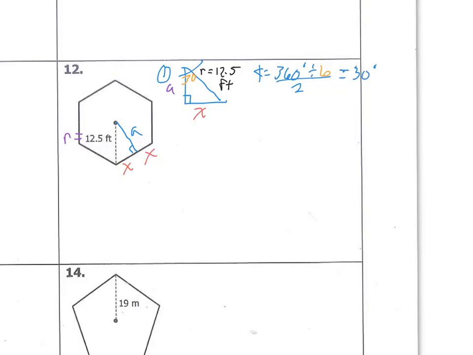So we are going to use our 30, 60, 90 pattern. And we're going to put under here the 1, radical 3, 2. And then we're going to follow what's under 30. So what's under 30 is what? X. What's across from 60?